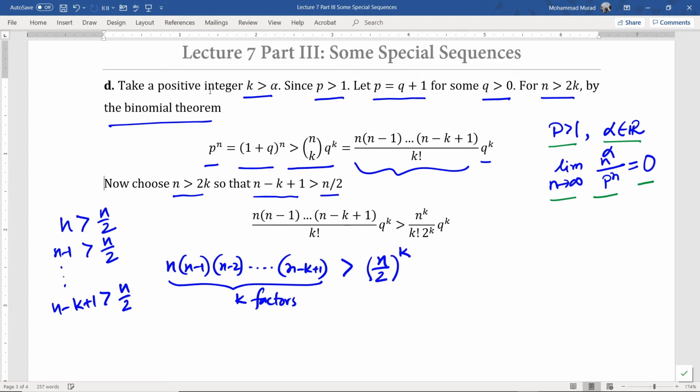So it would be n over 2 to the k. So we have n to the k over 2 to the k. And we also have k factorial here and q to the k here.